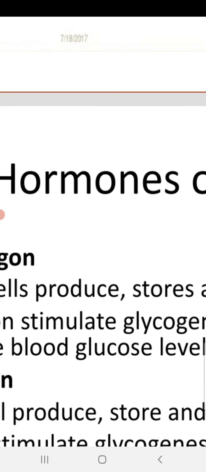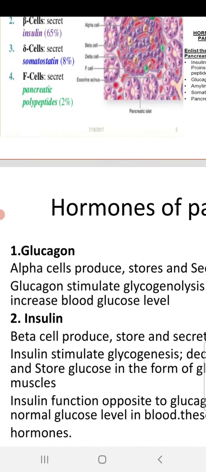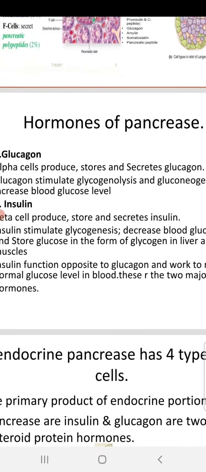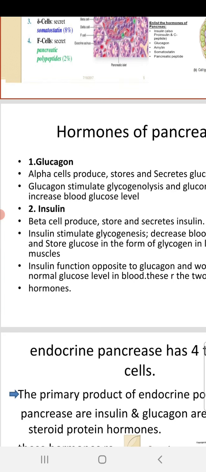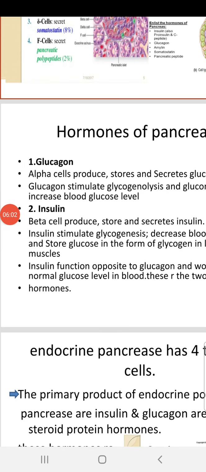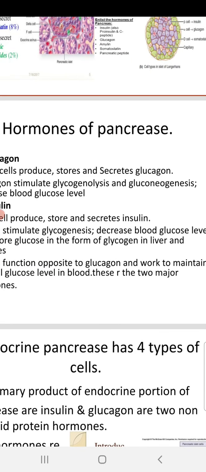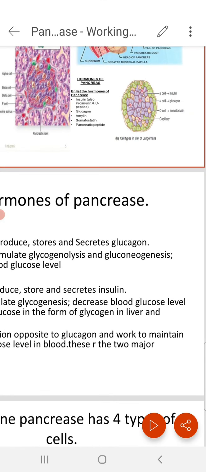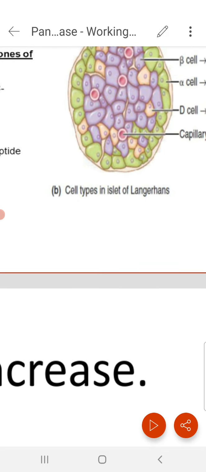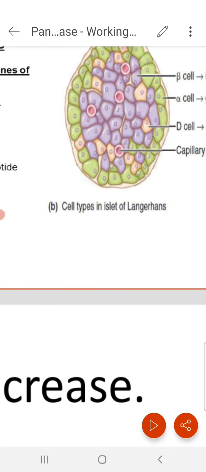So the different hormones that are produced in the pancreas are listed now, and the hormones have their particular function. Alpha cells produce glucagon, as we have seen in the diagram in the transverse section of the islets of Langerhans.